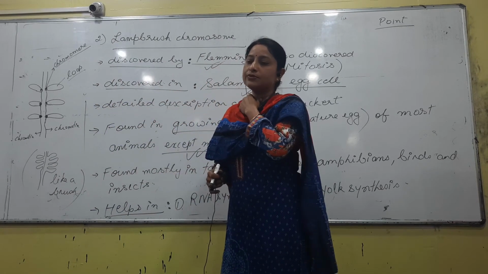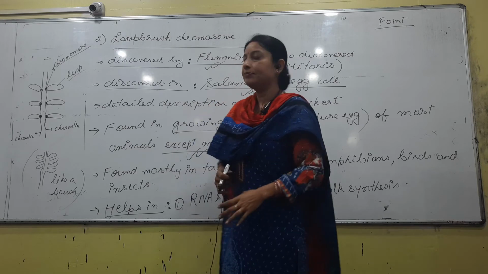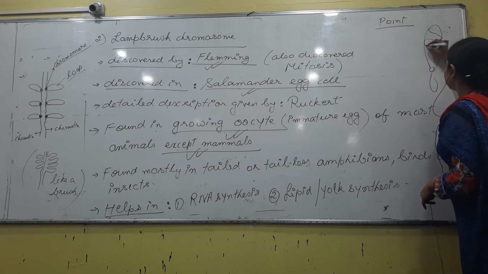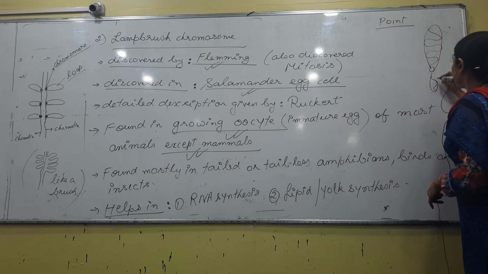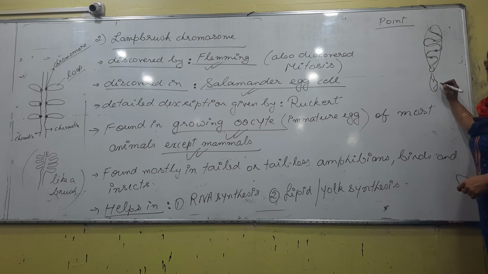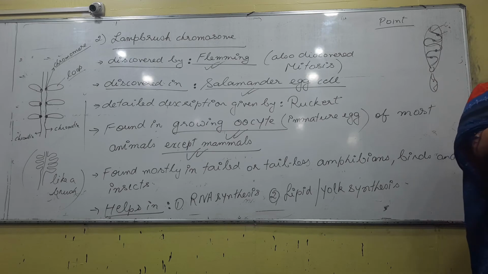For the structure of the chromosome, first remember something called a bead like structure. We have drawn something like this, didn't we? A coiled structure is the chromonema, a bead like structure is the chromomere, right? Why does it look like this? Because the chromatin has condensed itself in a particular position and so it looks like a bead.